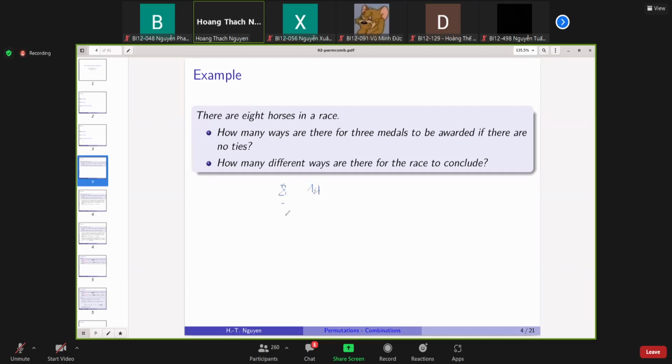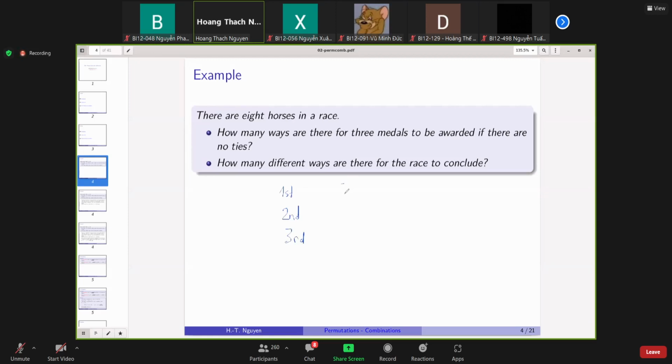There are 7 possibilities for the second place, and then the third place.